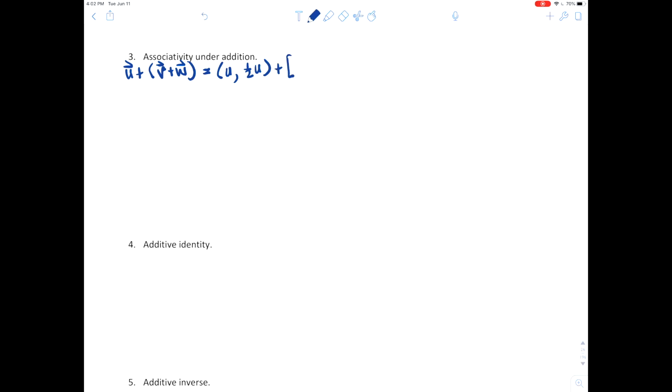plus the quantity v, 1/2 v, that vector in component form, plus w, comma, 1/2 w. Cool so far? All right, next up, what we want to do is what?